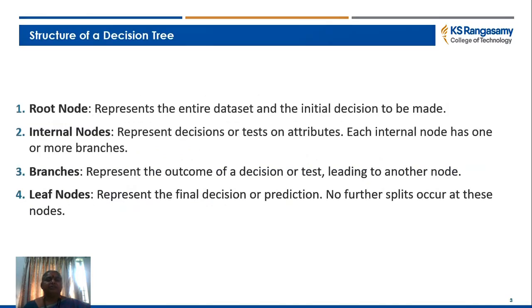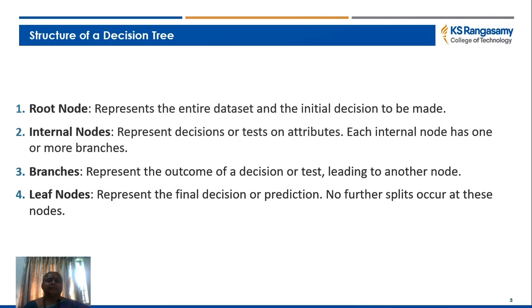The structure of the decision tree contains root node, internal nodes, branches, and leaf nodes. A root node represents the entire data set and the initial decision to be made. Internal nodes represent decisions or tests on attributes. Each internal node has one or more branches.